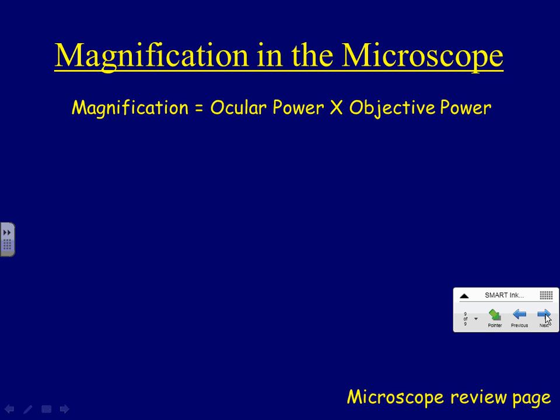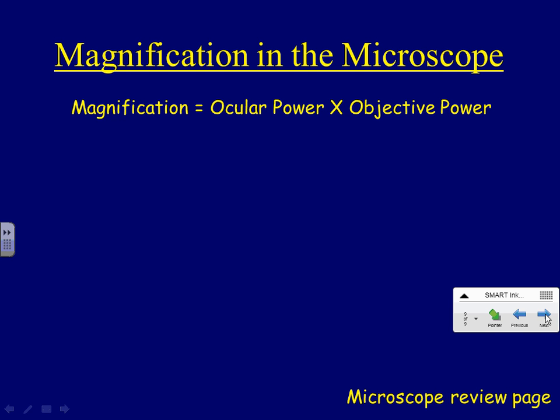Now, due to the construction of the microscope, the object is always going to be a particular distance away from the objective lens, which means we can pre-calculate the magnification because whoever built the microscope has already done the math for you. They've taken the di, they've taken the do, they've done their work, and they get a particular magnification.